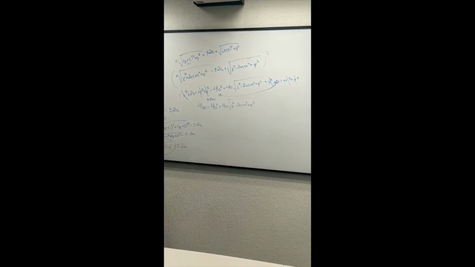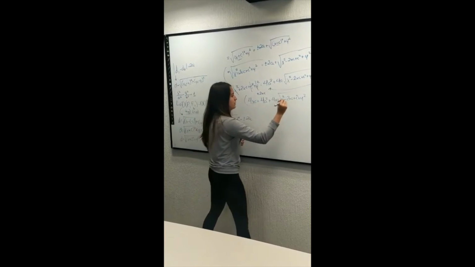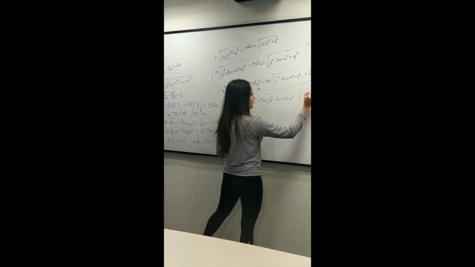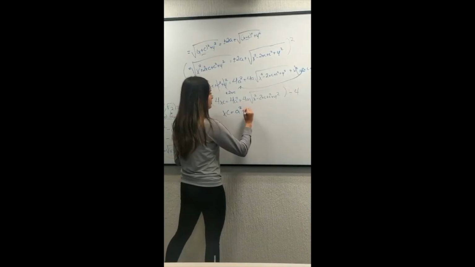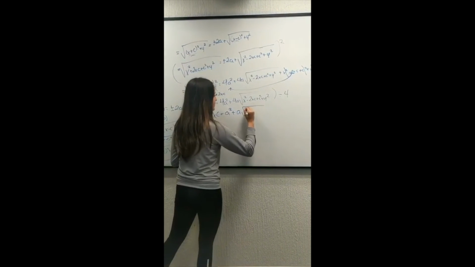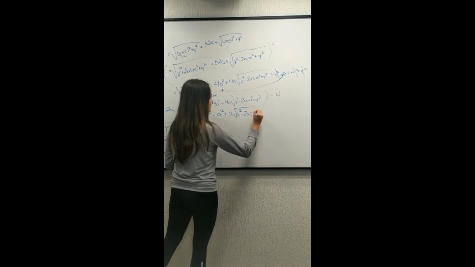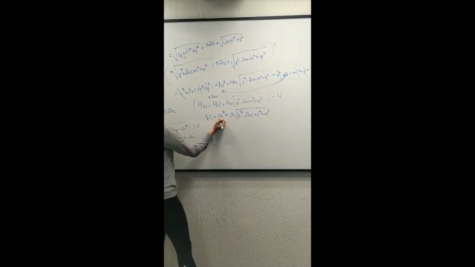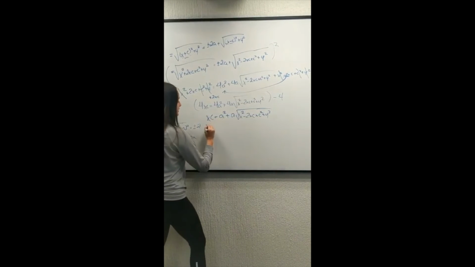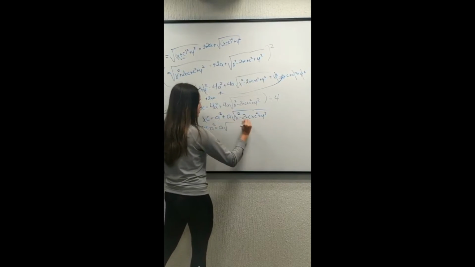Now we have a common factor of 4, so we are going to divide the whole equation by 4. xc equals a squared plus a times the square root of x squared minus 2xc plus c squared plus y squared. We pass this to the other side.